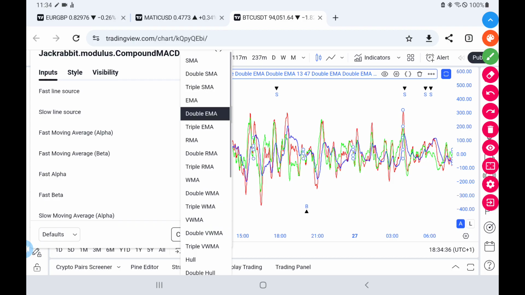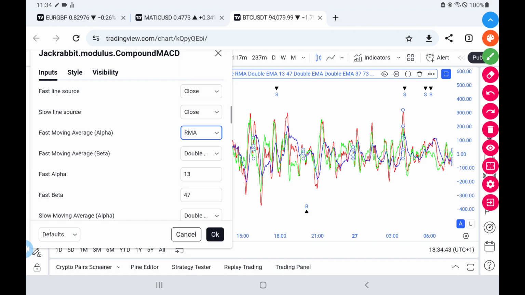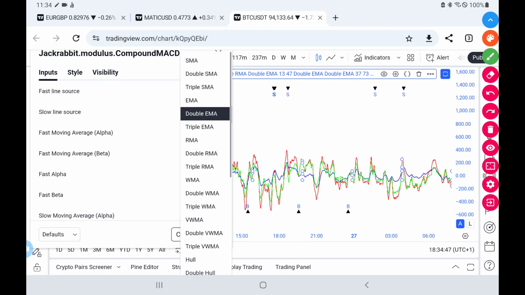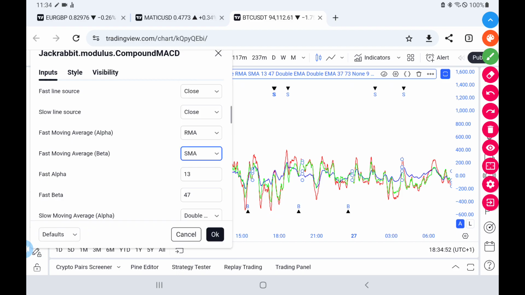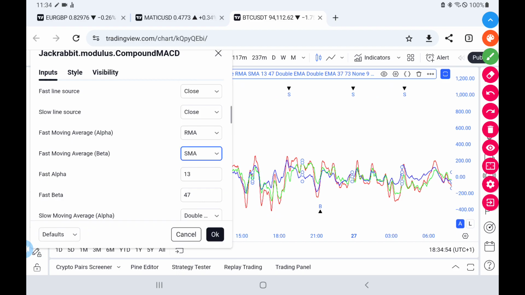So let's go with an RMA for the fast moving average alpha. And let's go with an SMA for the fast moving average beta. And we can already see the change in the chart.